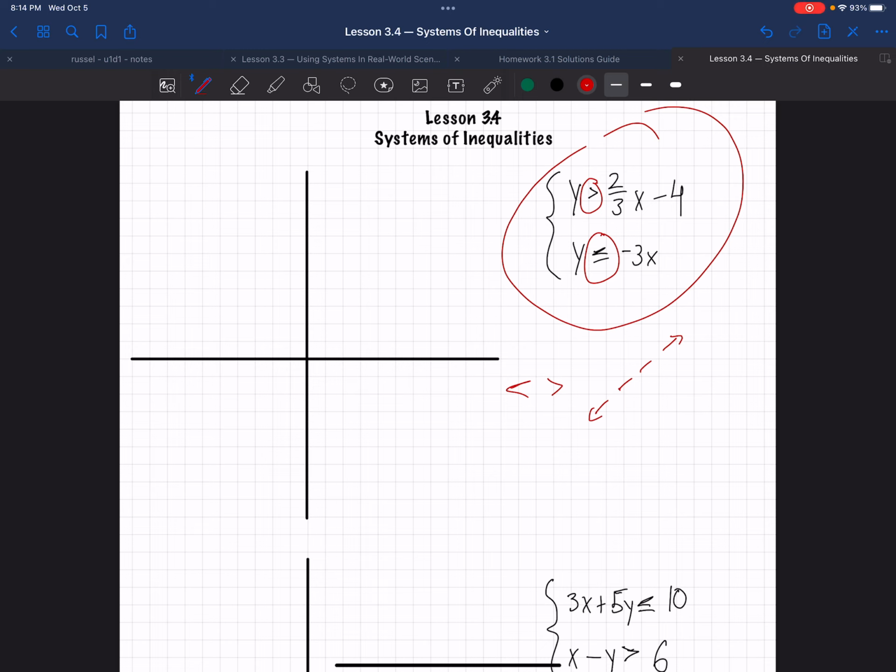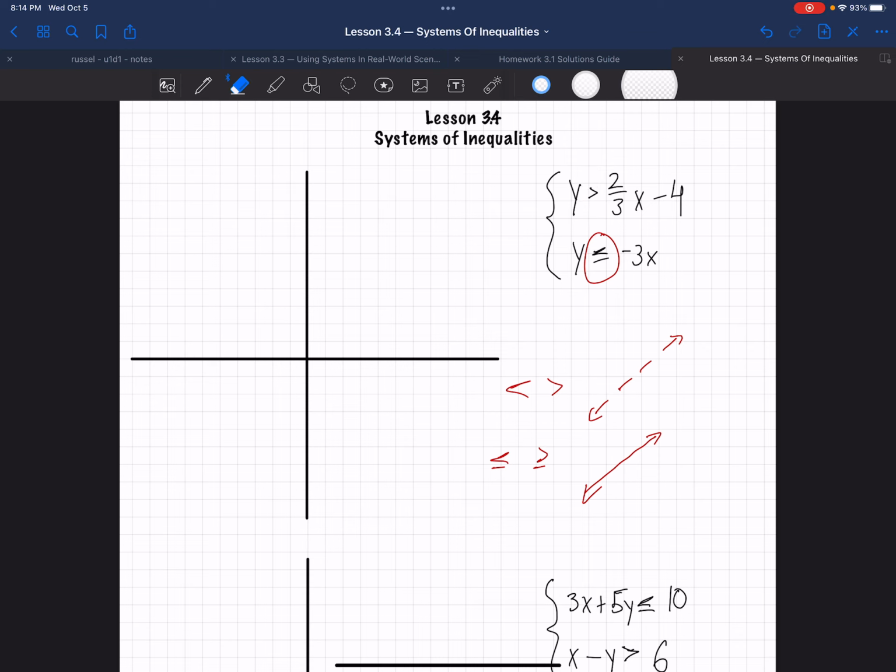It's not on the line. It's either above or below it. And if it's equal to, then you can make a solid line. So keep that distinction in your head. Maybe jot that down in your notes.